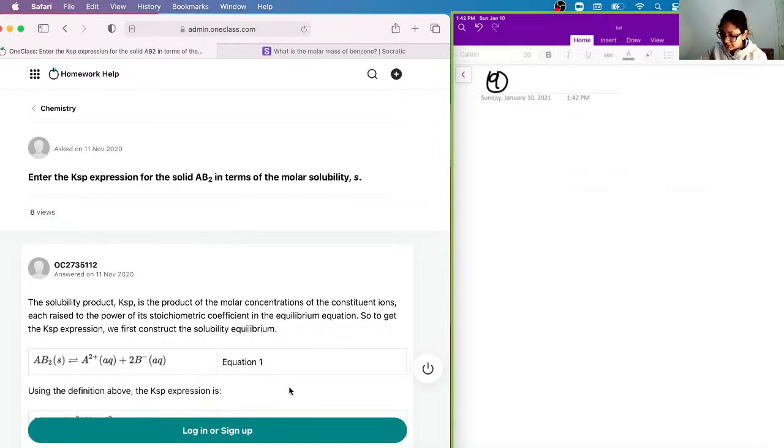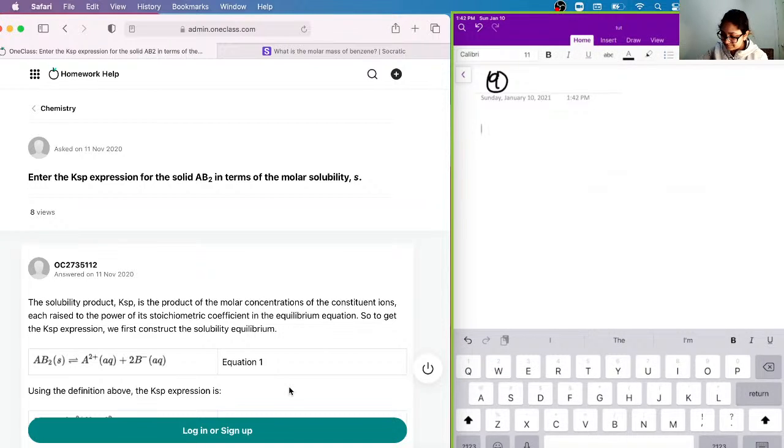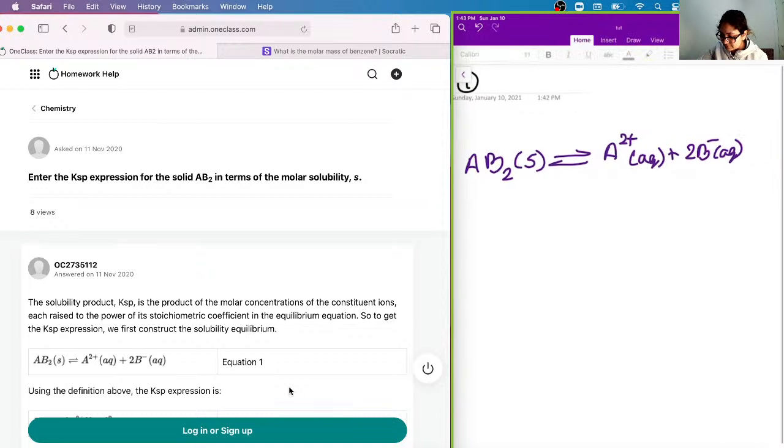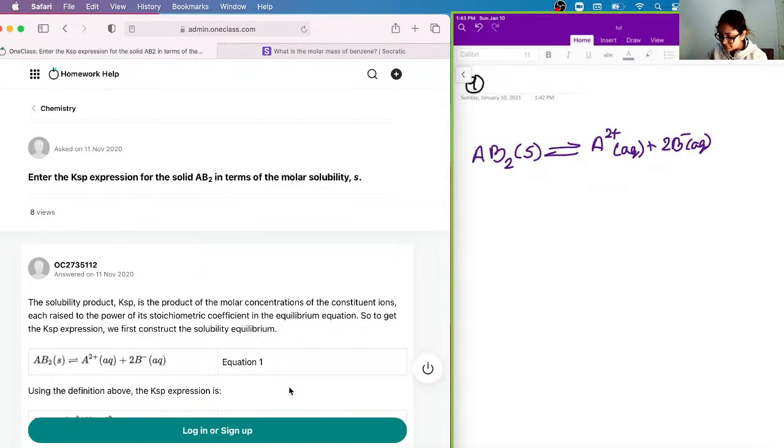So in this case, let's say we have an equation where AB2, which is a solid, is A ions plus aqueous plus 2B aqueous, right? So it dissolves or breaks down into the individual ions.